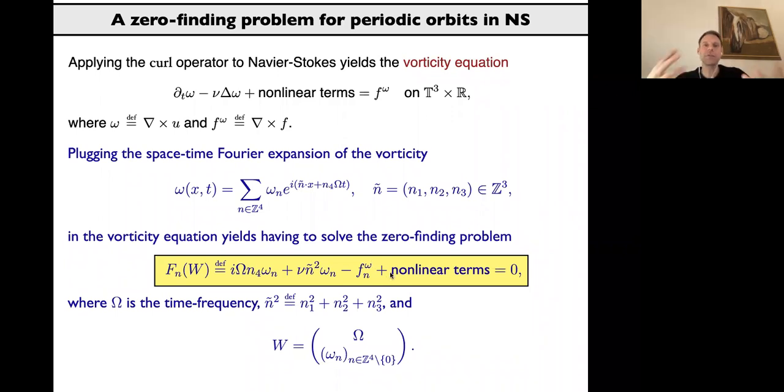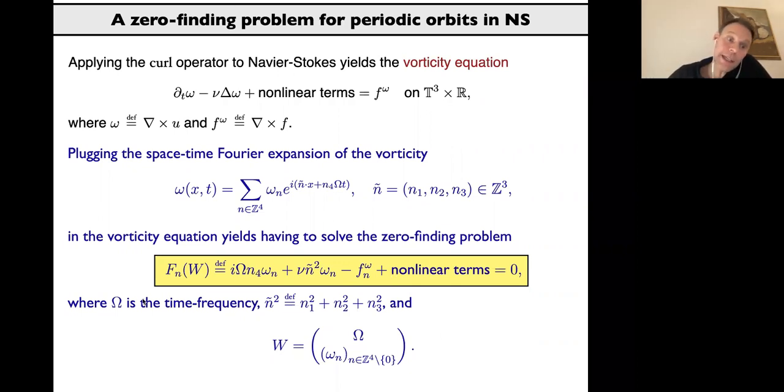Then I still have some nonlinear terms, which I'm not going to write there, coming from the advection. You apply the curl to the advection, so you have 2 terms coming out. It becomes a little bit technical to write them down, but we can put our hands on them.